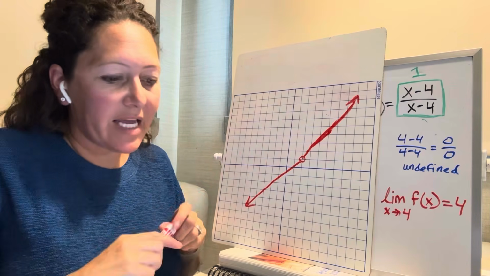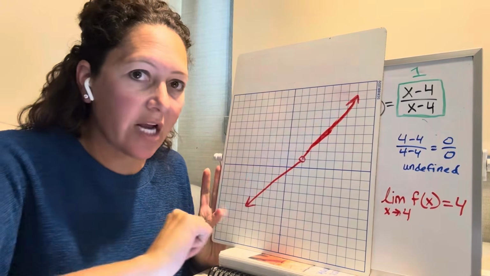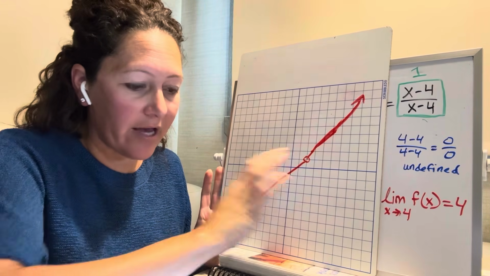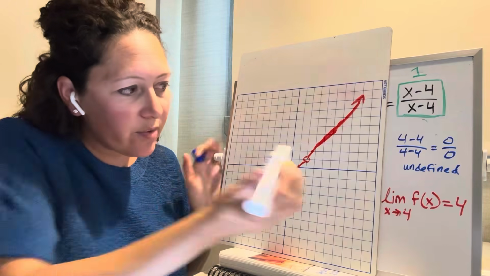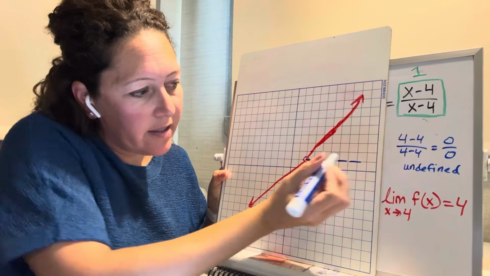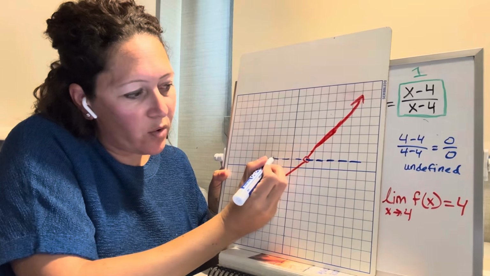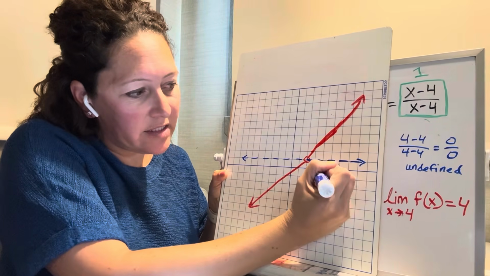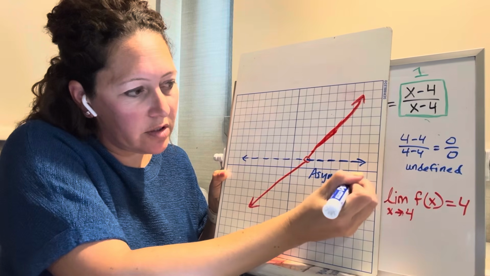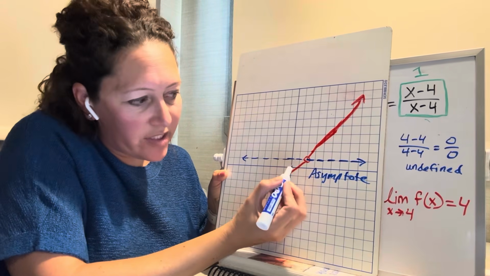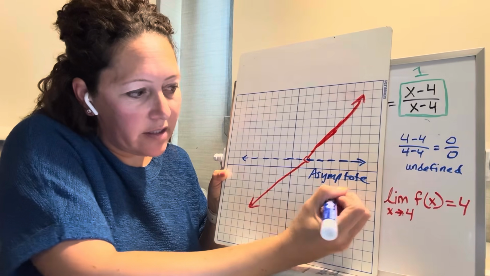Okay, so in my case right here, I have a function I have graphed, but I have a value where it cannot have a value in here. And so I would say that right here, I have my horizontal asymptote, and that is spelled asymptote. And that asymptote is right at this point, so that is y equals 1.